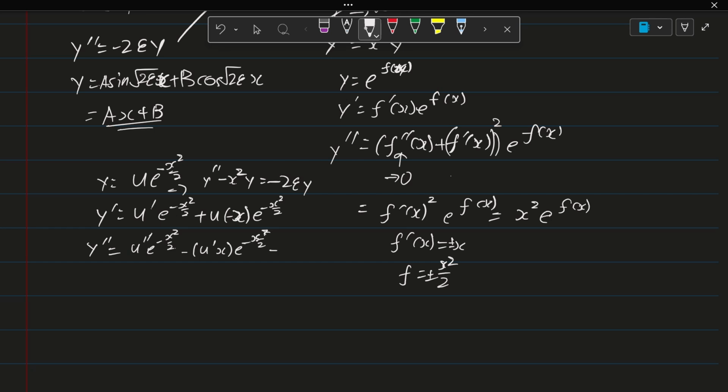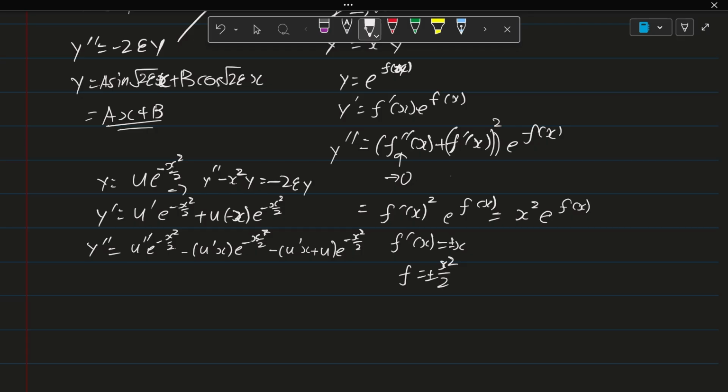Minus the u prime of x, and also, it's xu, so it's just u of e to the power negative x squared over 2. And this thing is multiplied by x. No, sorry.